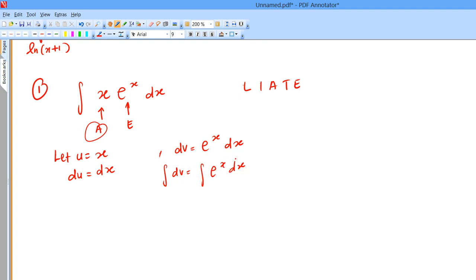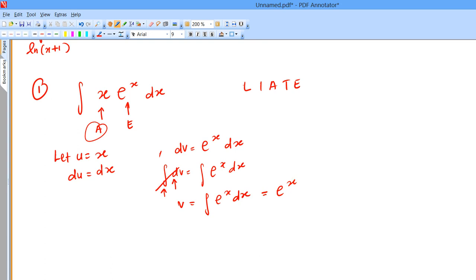The notation for integration and differentiation cancel out, so v equals integrate e power of x dx, which equals e power of x, plus c.